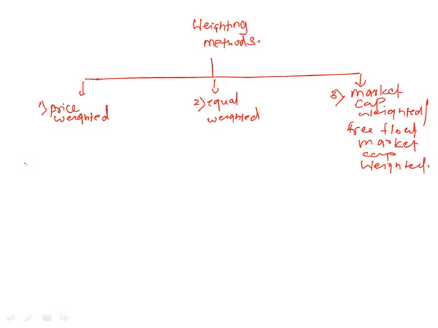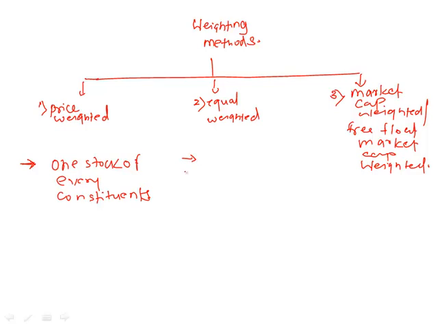Price weighted, what do we assume? Yes, you build a hypothetical portfolio where you say one stock of every constituent. That means whatever are the constituent securities, you will buy one stock each. So automatically their price becomes their weight in the portfolio.